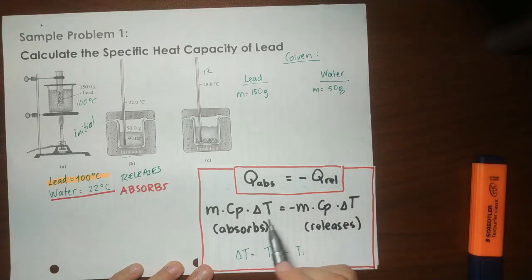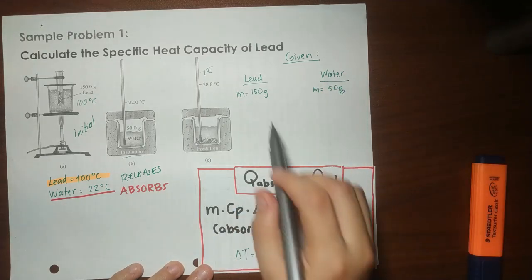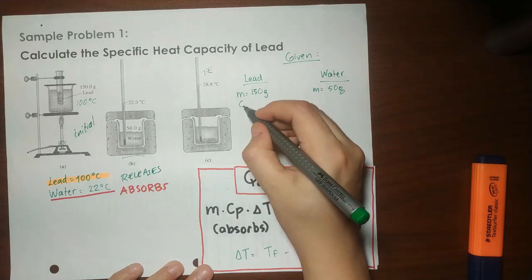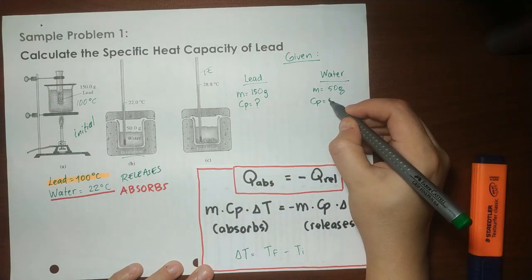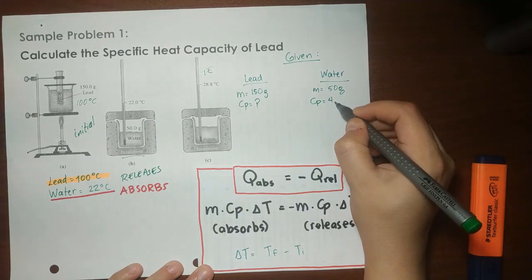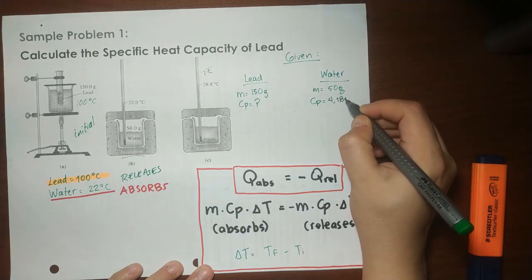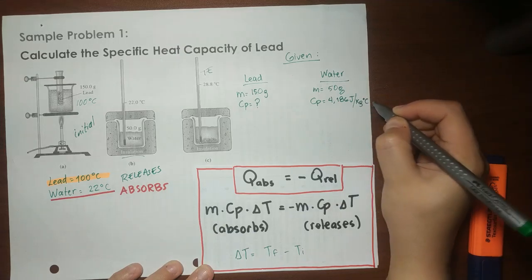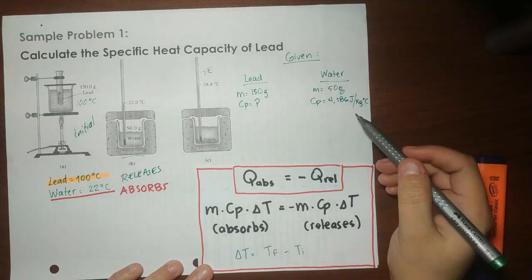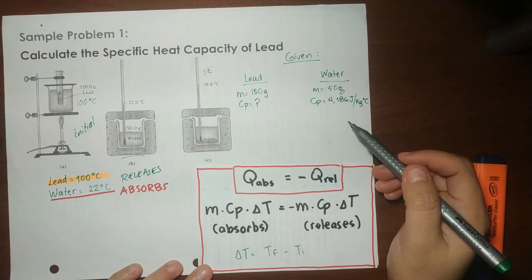Then I don't have the specific heat capacity of lead, so this is what I'm looking for. But I know that for water it is 4,186 joules over kilogram degrees Celsius. This is a given, it's in the table, which is in the presentation that I gave you.